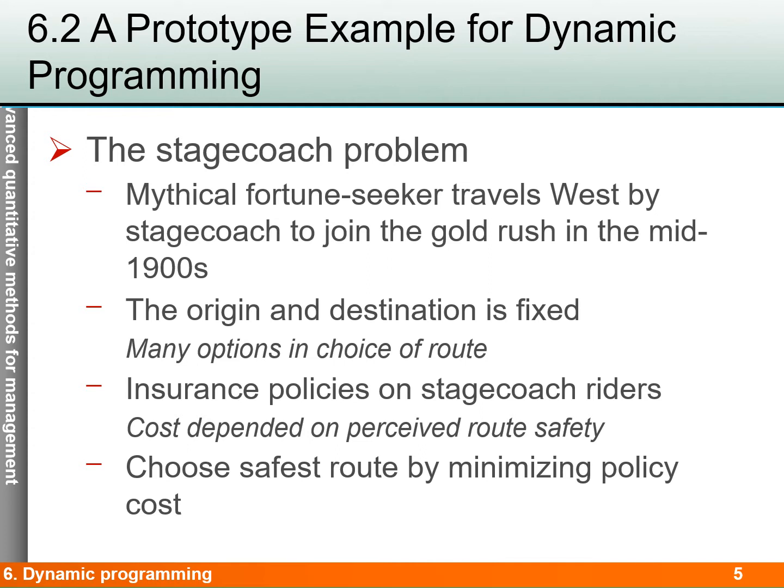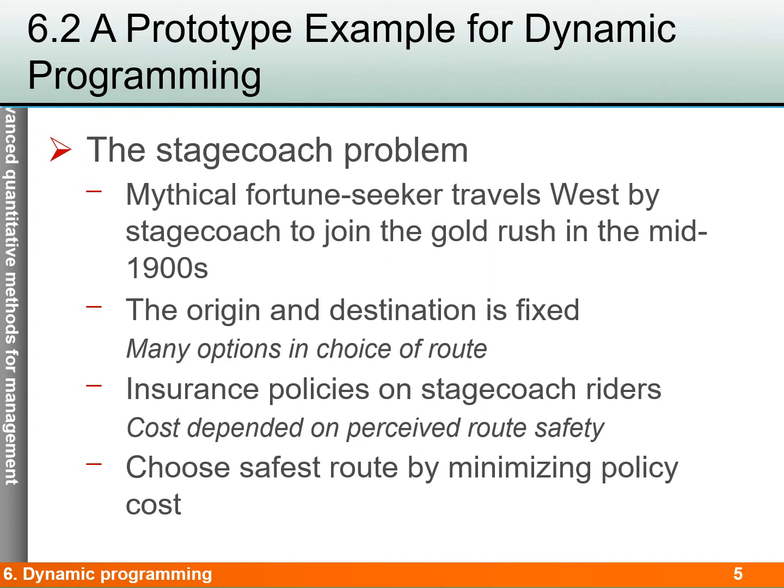As you see in the next slide, there are 4 stages required to travel from the point of embarkation in state A, Missouri, okay, state A is Missouri, and state J, that is the destination of this guy, that is California.